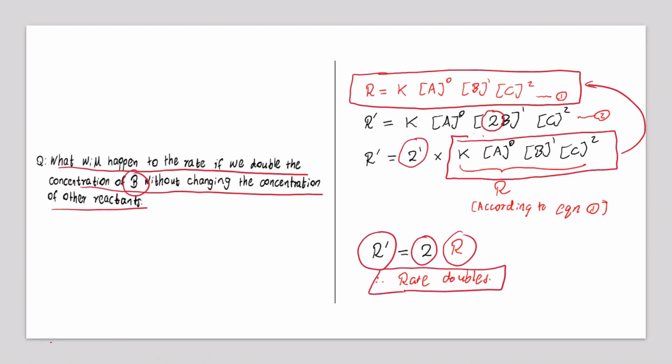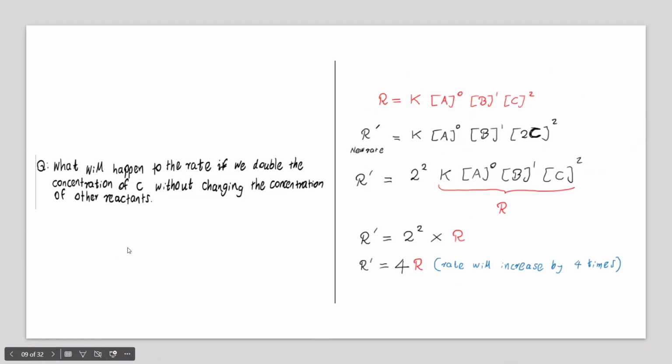That means if I double the concentration of B, the rate also doubles. That means there are some reactants where, when you double their concentration, the rate increases by 2 times. And there's another question they're asking. What will happen to the rate if we double the concentration of C? Now I'm going to double the concentration of C for the same reaction. We have the rate law.